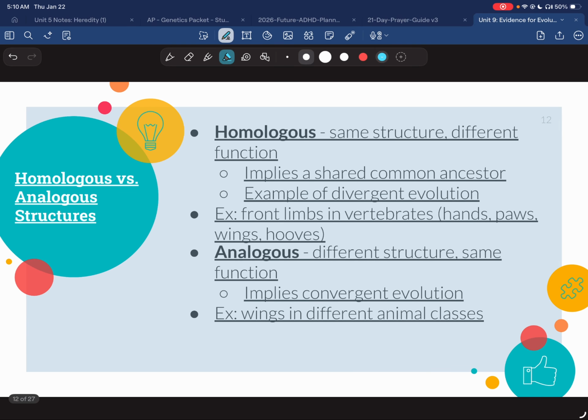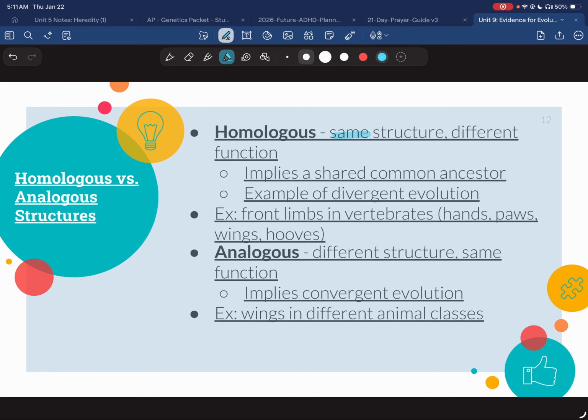Okay, these are two terms that people get confused, so we'll take a second and try to talk through them, and we'll have some examples. So homologous, analogous. The definition for homologous starts with same, and homo means same. So homologous structures are structures that have the same structure, but they serve a different function for the species.